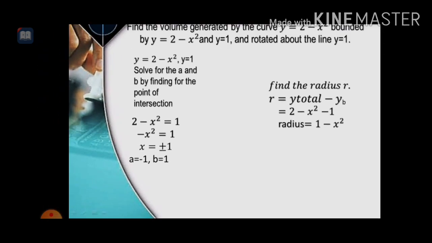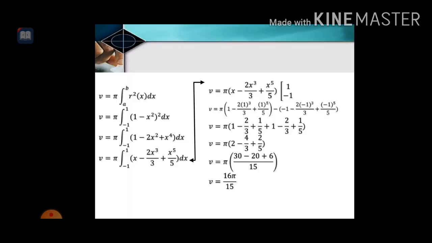So 2 minus x squared is equal to 1. Negative x squared is equal to negative 1. x is equal to positive or negative 1. A is equal to negative 1, and b is equal to 1. Find the radius r. r is equal to y top minus y bottom, which is 2 minus x squared minus 1, and the radius is equal to 1 minus x squared.